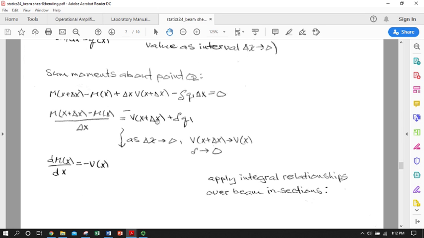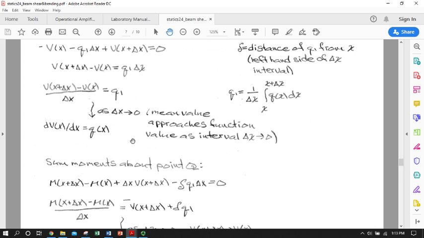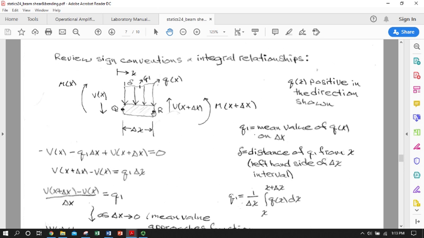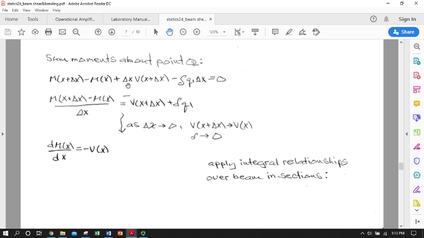And when delta x goes to 0 in here, the shear at x plus delta x approaches the shear at x, because we effectively move this point infinitely close to that point. And in so doing, we squeeze this delta down to 0 even faster. So you can really see that squeeze theorem working to make this equal to 0 as we shrink delta x down to 0.